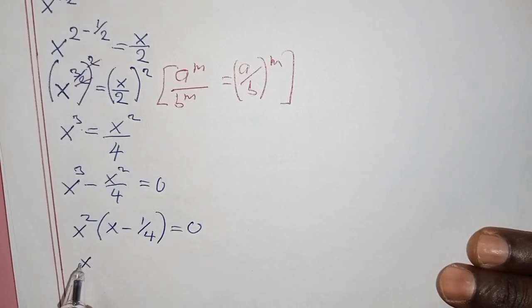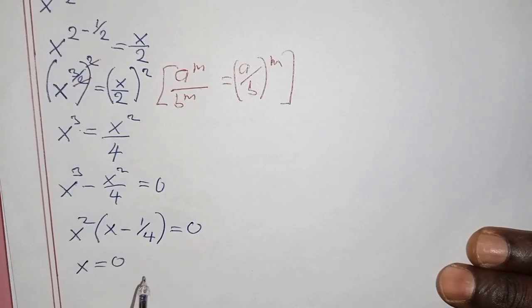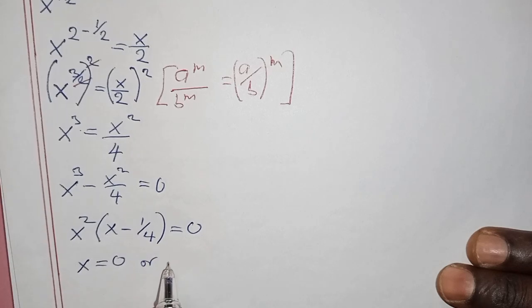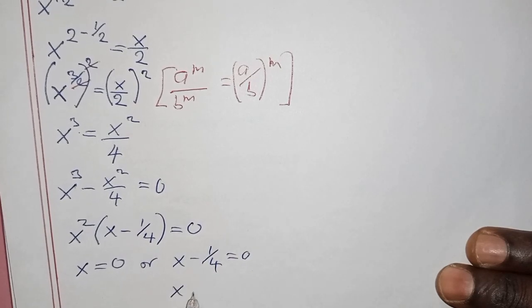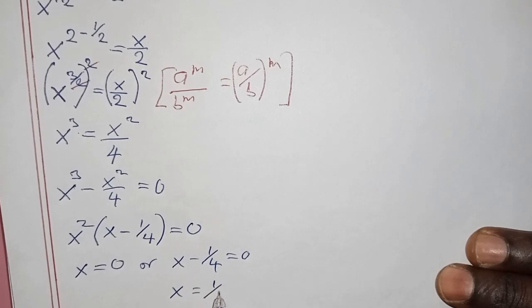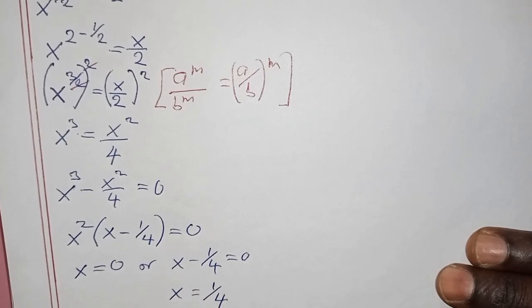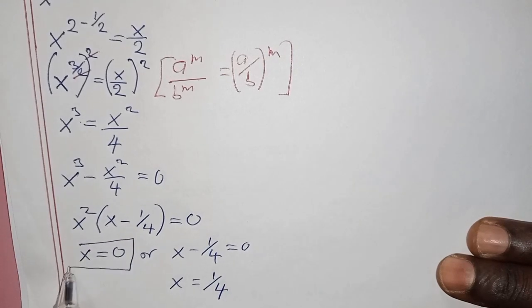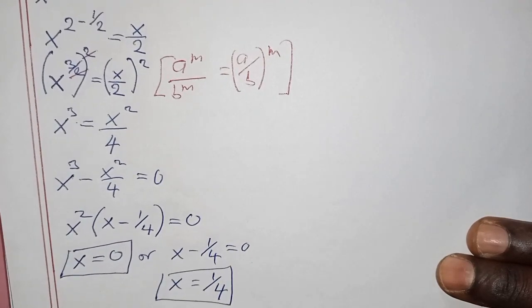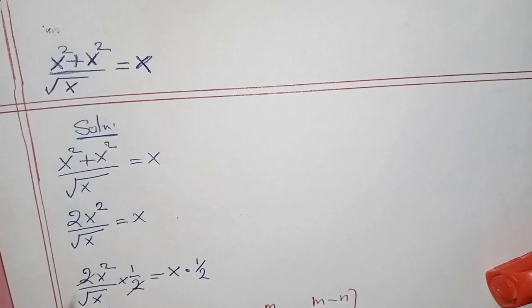So this is telling you that x is equal to 0 or x minus 1 divided by 4 is equal to 0. That means x is equal to 1 divided by 4. And these are the two possible solutions of x that will satisfy this particular radical equation.